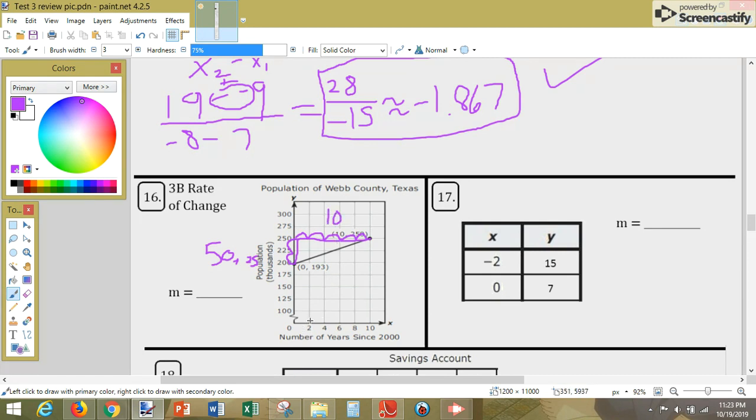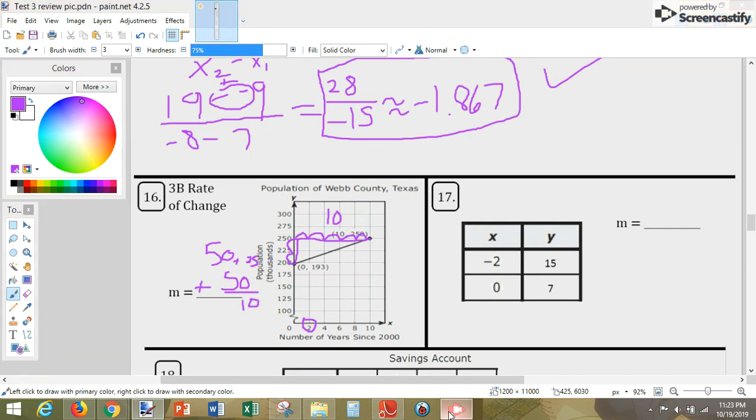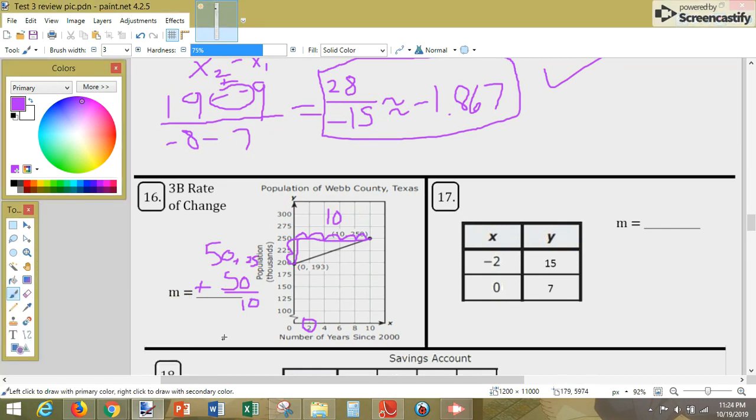We know it's skip counting by 2s because that is the number right here. This is skip counting by 25s because from 200 to 225, that's 25. From 2 to 4, that's 2. It's a positive slope, so it's increasing. So our slope m is positive 50 over 10. So our slope is 5.